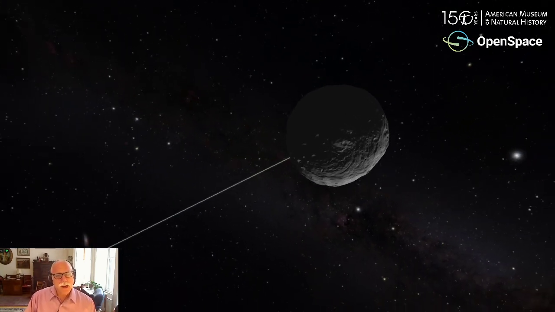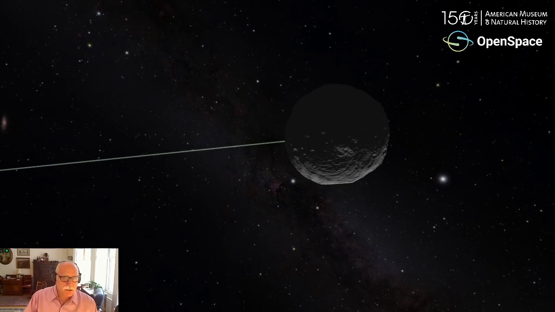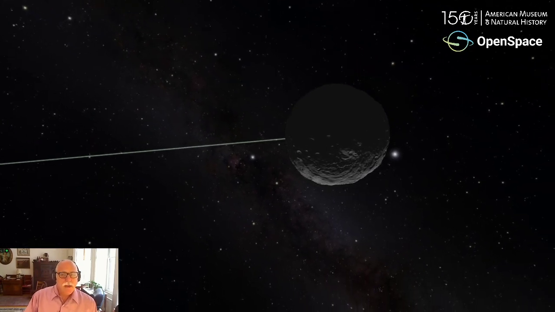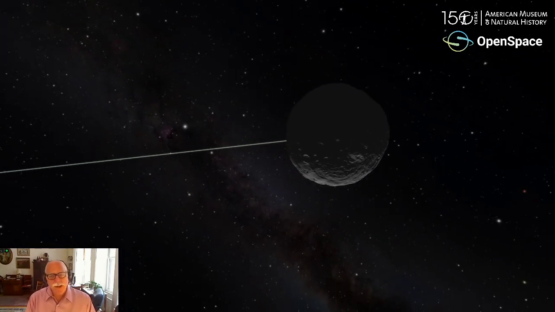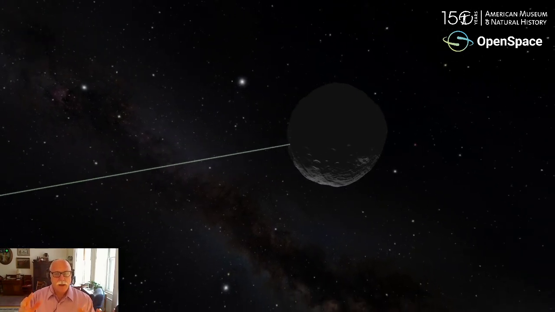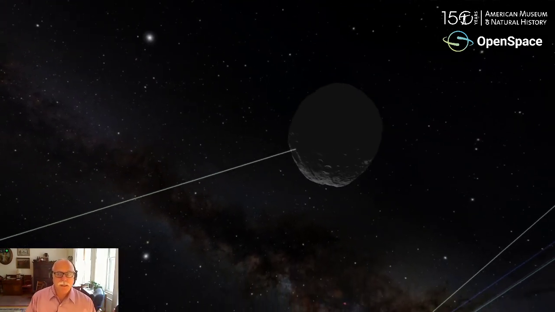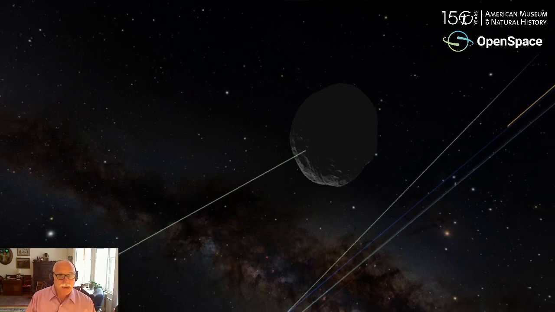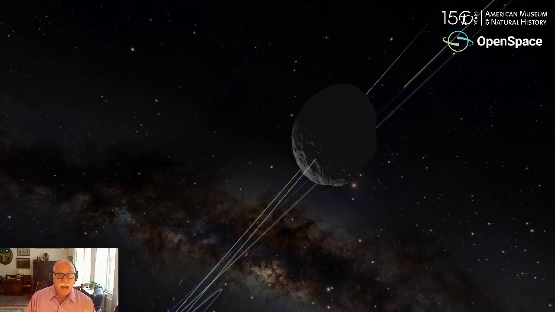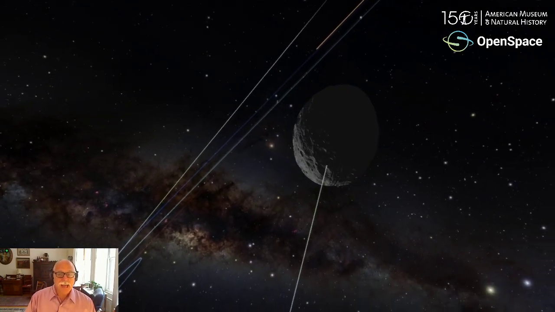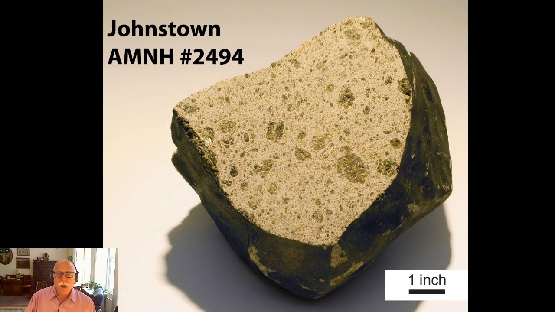So when it got hit by other asteroids, material from Vesta was ejected into space, and some of that material has made it to the Earth and has hit the Earth as meteorites. And we orbited Vesta with a mission called the Dawn mission.